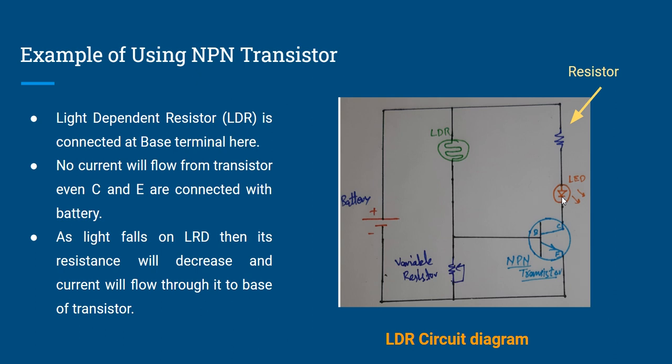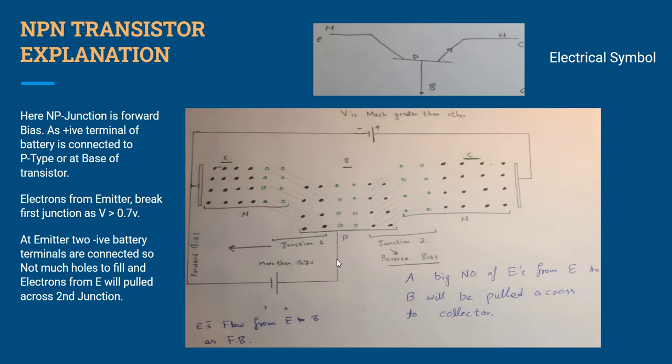This is the easiest and simplest circuit which I could explain, because in later videos I am going to explain it by giving the values of the resistors, battery, LDR and everything. So you have to understand clearly how the transistor is working as I explained here. And this is the NPN transistor.